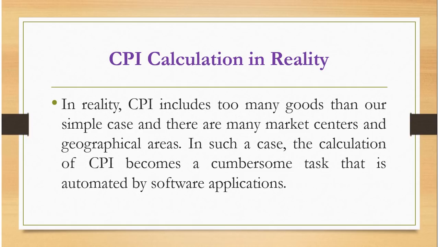In this hypothetical economy, we have included only 5 goods and we have only 3 price collection centers. But in reality, there may be thousands of goods and hundreds of price collection centers. In such case, the calculation of CPI becomes a very boring task, and that is made automatic by some software applications.